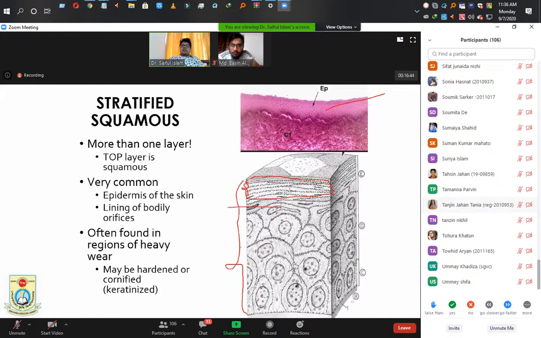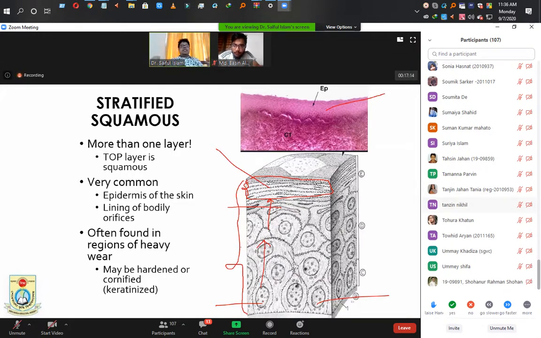Keratinized means that the cells, from the base near the basement membrane, called the basal layer, grow by division, and finally when they come to the top, they die. So when the cell dies, what will happen? If anything dies, it will be decomposed or disintegrated. That means nothing will be left.